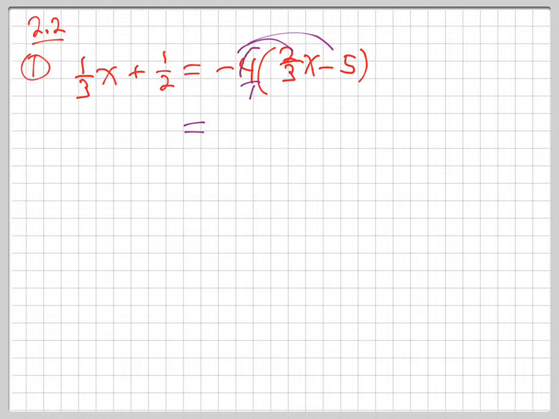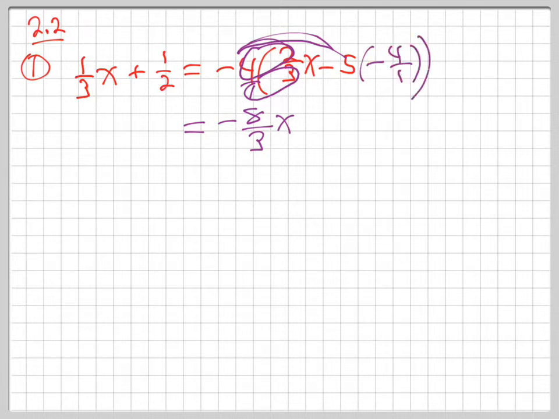So the 4 and the 2 will multiply in the top to be minus 8, and the 1 and the 3 will multiply to be 3x. But then it'll also go here, right? Minus 4 over 1 will also hit there. It goes to both of them.